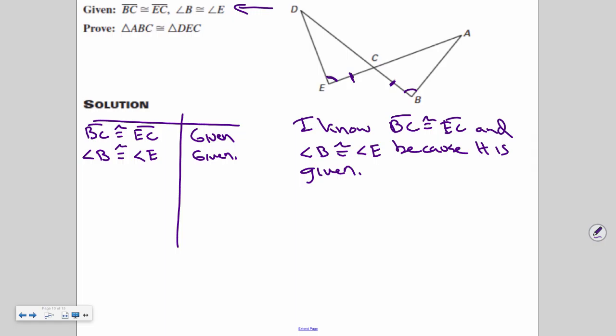But whenever you see that X being created, or what I call the hourglass of these triangles, these angles right here are equal to each other because they are vertical. So what you would state would be angle ECD, this angle right here, remember three letters, is congruent to angle BCA because they are vertical.